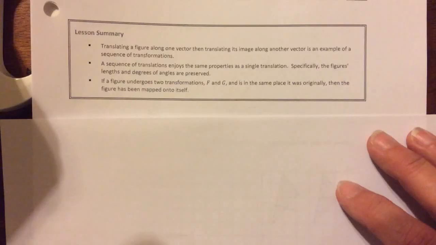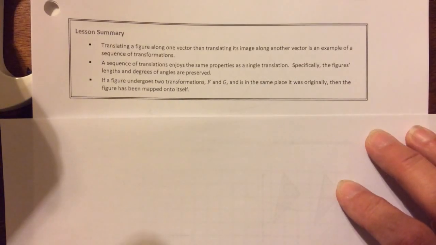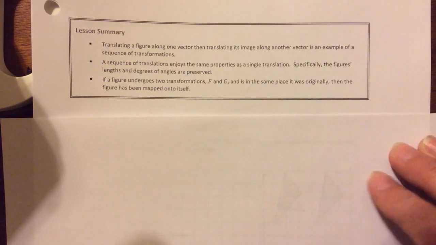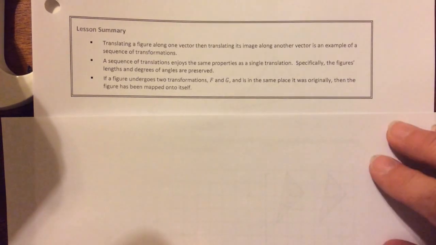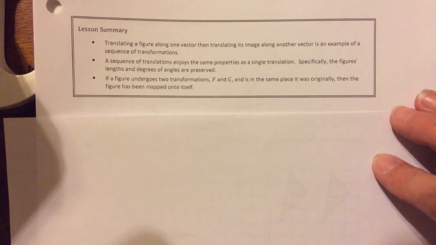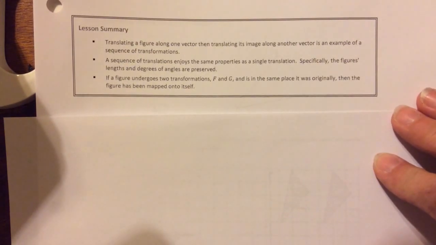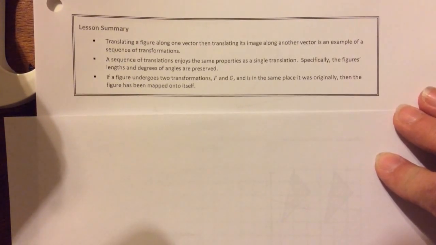Okay, so let's summarize what we've talked about today. We've gone back and done some translations. So hopefully if you were still shaky on translations, you've had a lot more practice with translation along a vector.